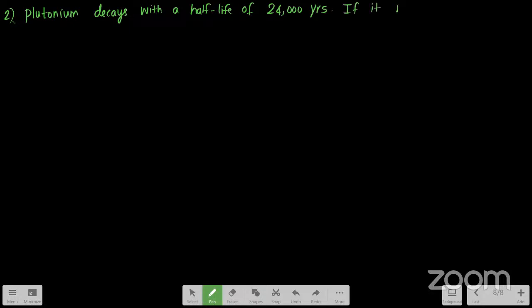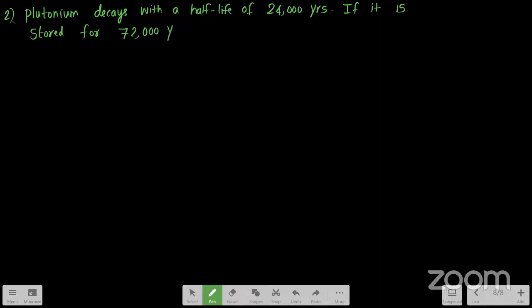Next important question: plutonium decays with a half-life of 24,000 years.